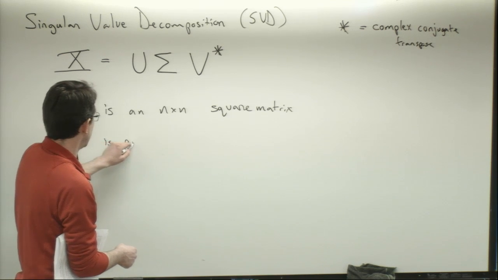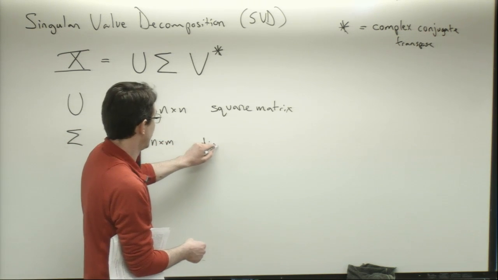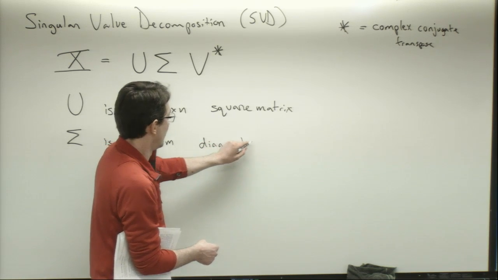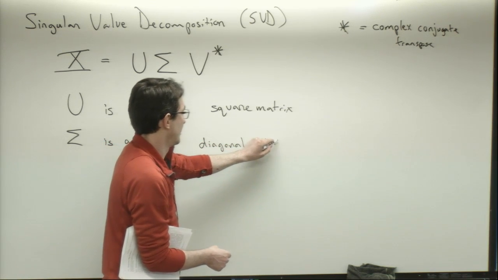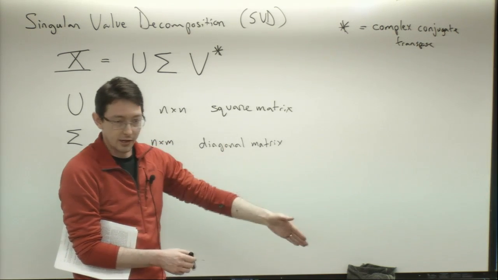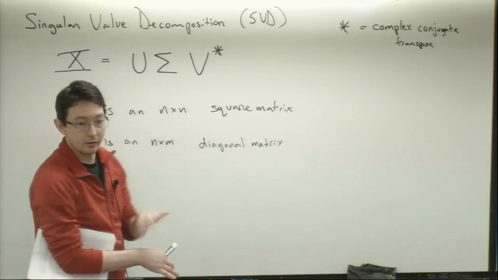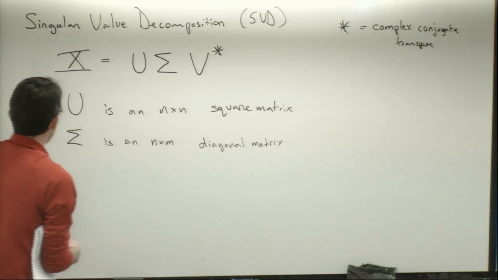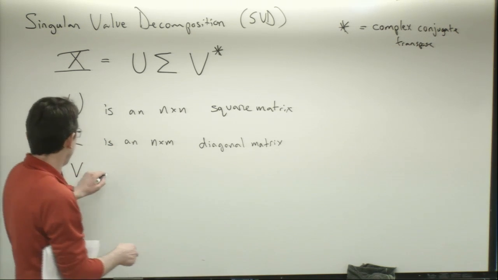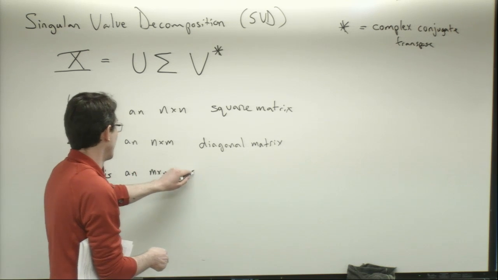Sigma is an n by m diagonal matrix. What do I mean by a diagonal matrix? Just numbers on the diagonal. They're very closely related to eigenvalues. Everything off the diagonal is equal to 0. And V is an m by m square matrix.